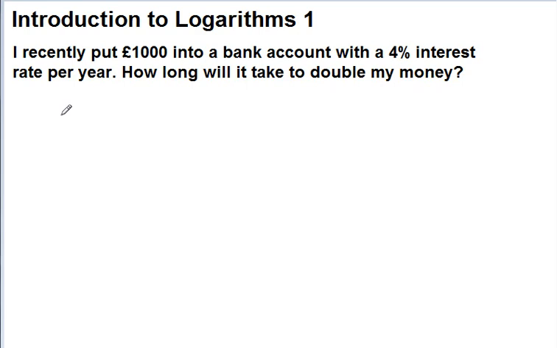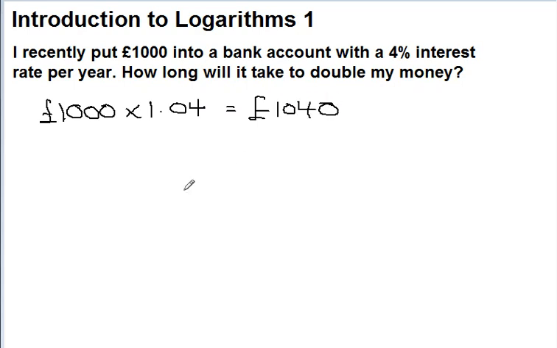Well, I could start thinking about this. If I start with £1,000, and if I have a 4% increase, then I can multiply it by 1.04, and at the end of the first year, I'll have £1,040.